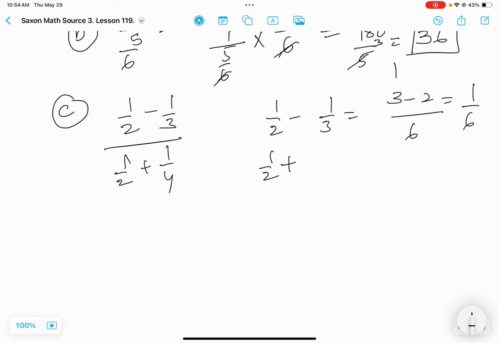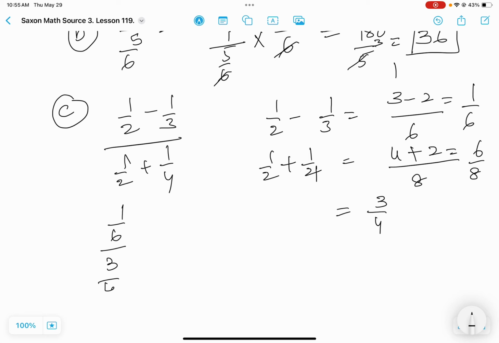Then the denominator part, the common denominator is 4. Here it is 1 by 2 plus 1 by 4. So 4 plus 2, that is 6 by 8, which equals 3 by 4. So 1 by 6 over 3 by 4 is your complex fraction.